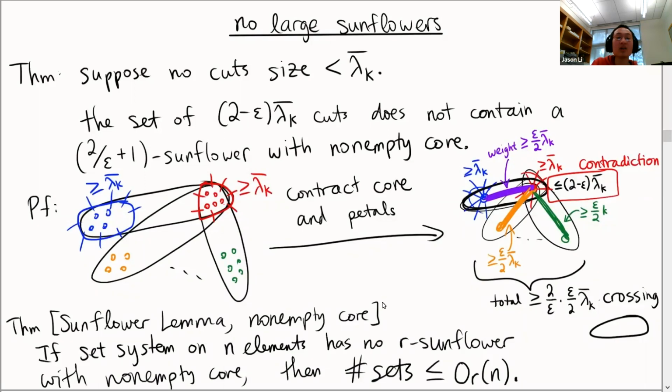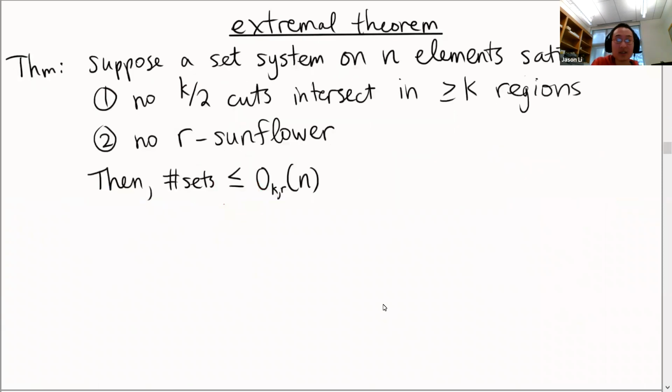Yeah. So then recall the sunflower lemma on sunflowers with non-empty core. It says that, sorry, let's ignore that for now. So now finally the extremal statement is as follows. We recall our 2 observations.